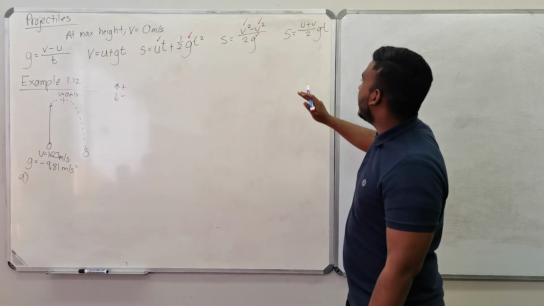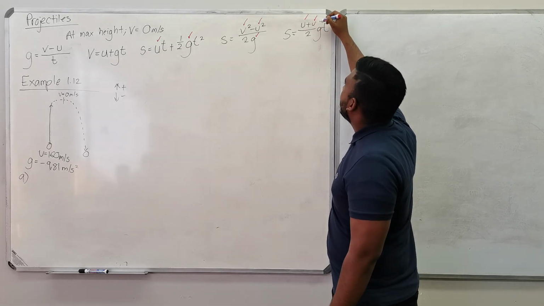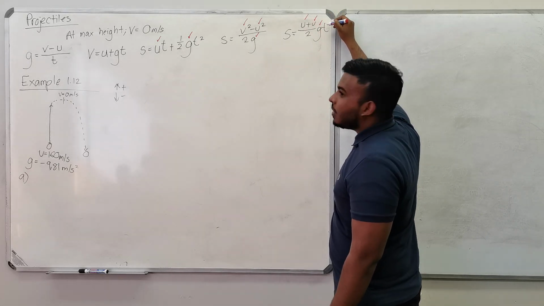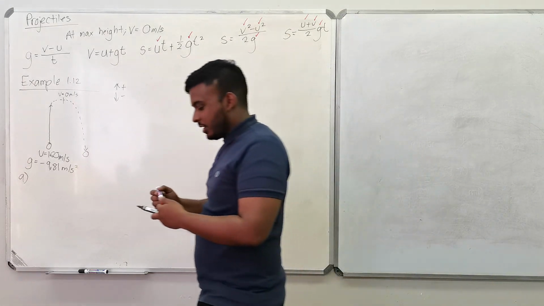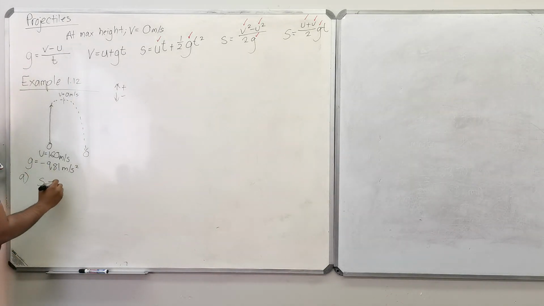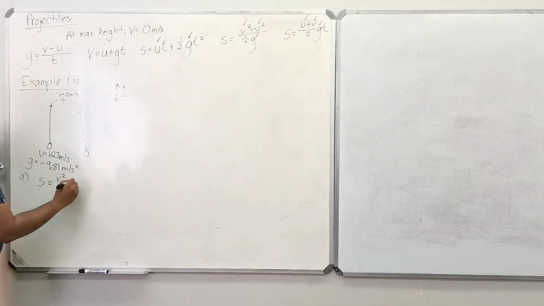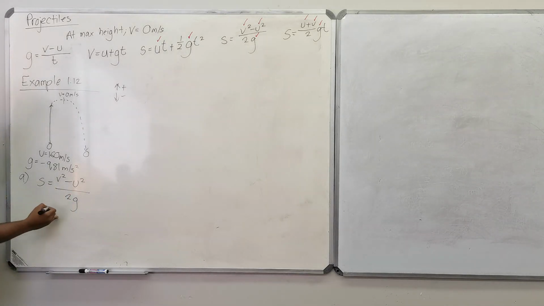Let's see the last formula. Do we know the initial velocity? Yep. The final velocity? Yep. Gravitational constant? Yes. Time? No. So which formula would we use? That formula. So you would say displacement is equal to final velocity squared minus initial velocity squared, all over 2 times your gravity.